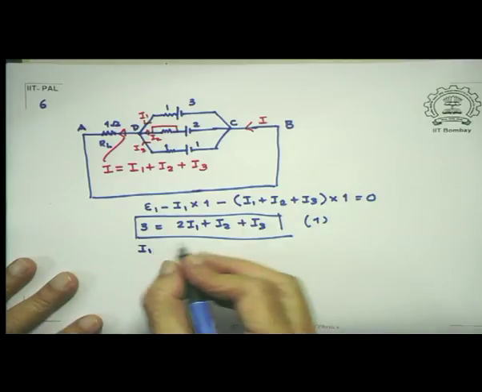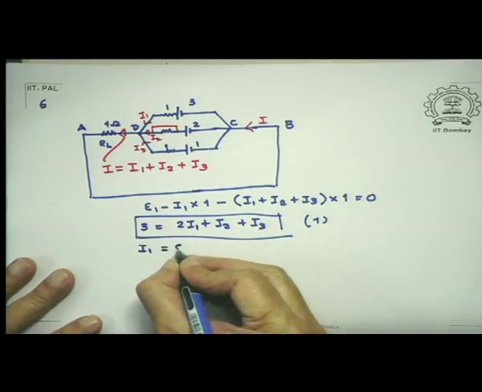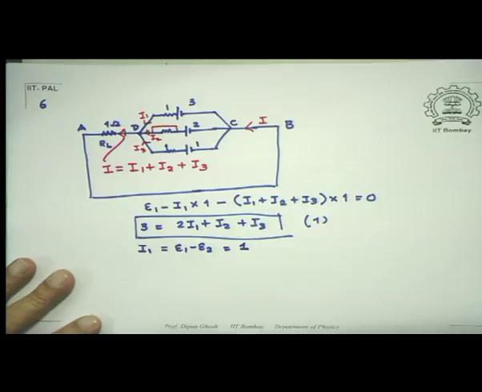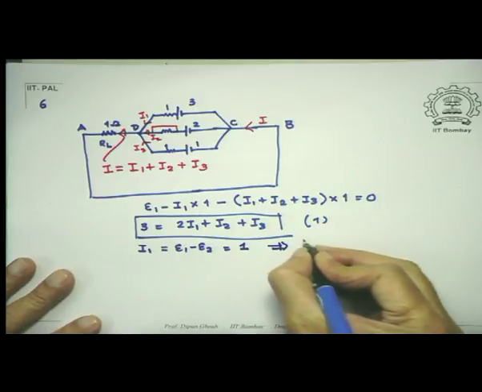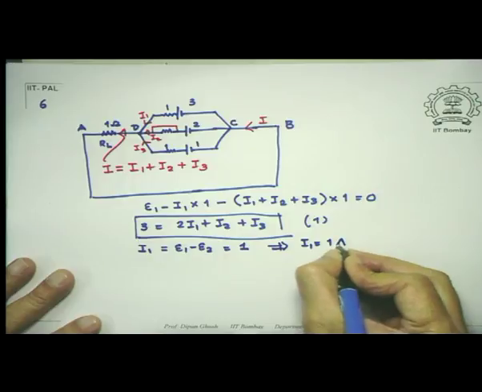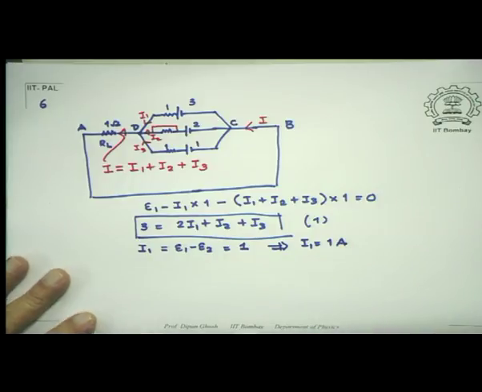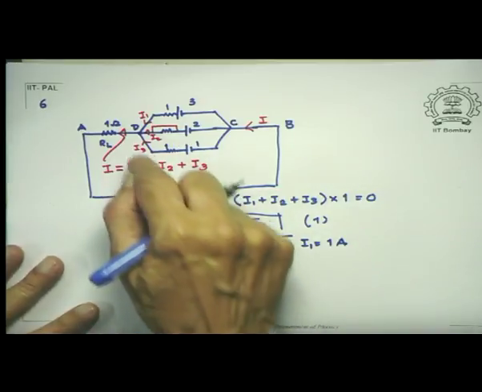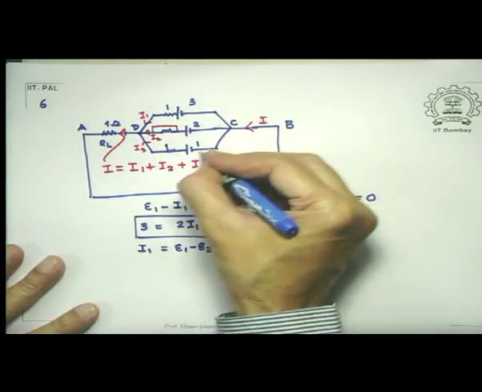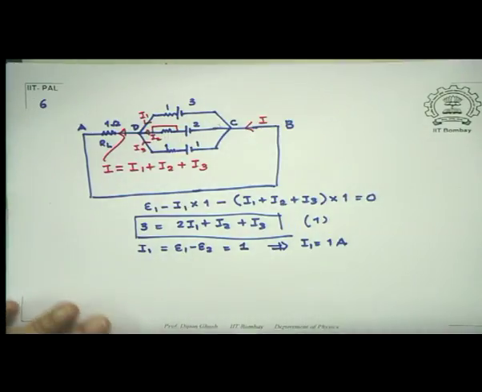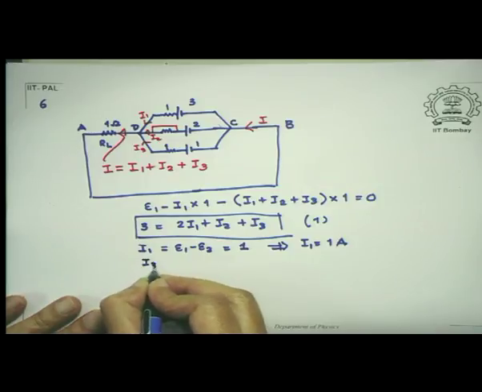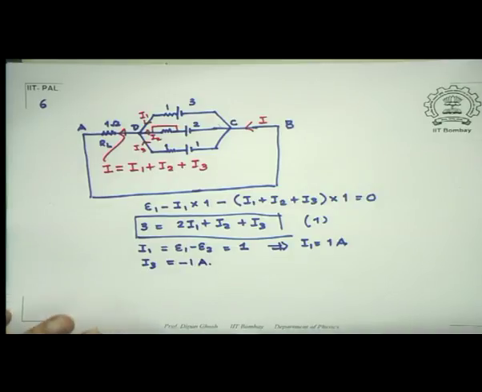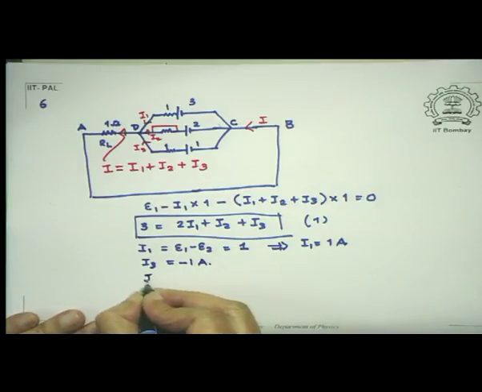So I get I1 equal to E1 minus E2, which is 3 minus 2, equal to 1. So that immediately gives me the solution, I1 is equal to 1 ampere. Now you could do the same thing for any of these loops, and show that I3 is equal to minus 1 ampere and I2 is equal to 2 amperes.